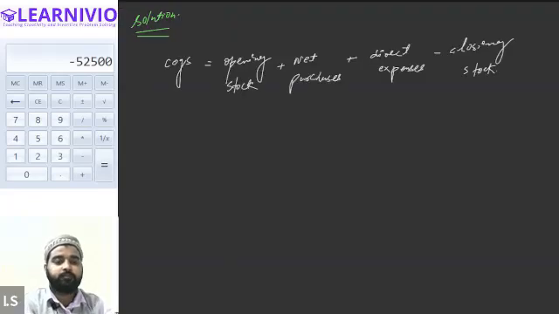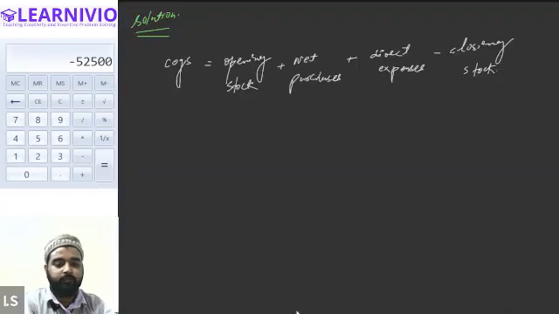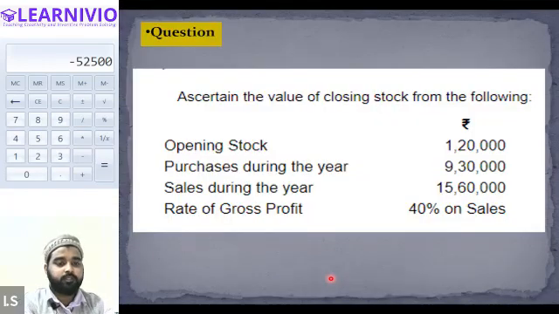So we will apply this formula. COGS equals opening stock plus net purchases plus direct expenses minus closing stock. In this question, we have the information regarding the opening stock, so opening stock will be written here 1,20,000, plus the net purchases 9,30,000.